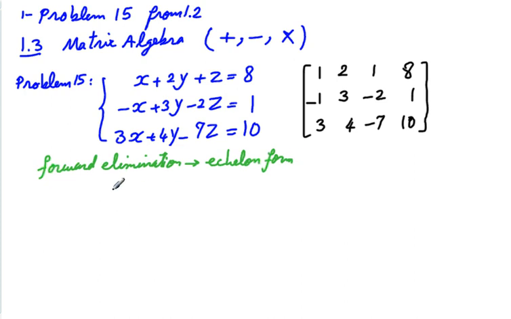Then in the next stage we identify free variables and move them to the right. And then at the very end we do the so-called back substitution. This is a small problem, so perhaps we are not going to see all of these things so explicitly, but the ideas are all the same.